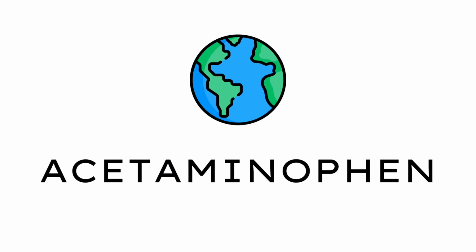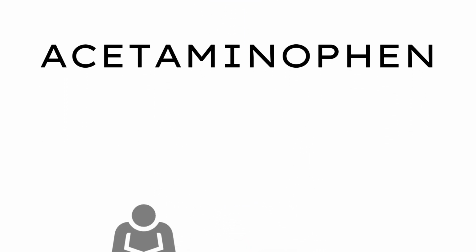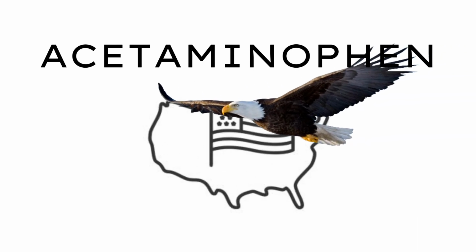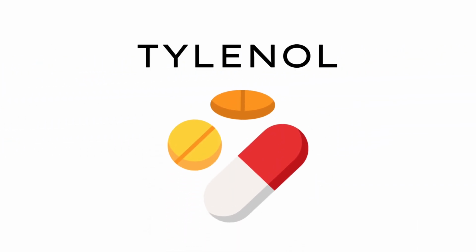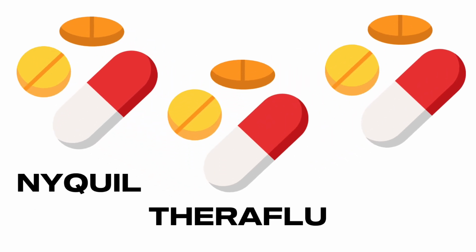Let's look at a real-world example. Acetaminophen is a common over-the-counter medication used worldwide to reduce pain and fevers. In the US, it is sold under the trade name Tylenol, but it is also a common ingredient in other medications such as NyQuil, Theraflu, Robitussin, and other cold remedies.